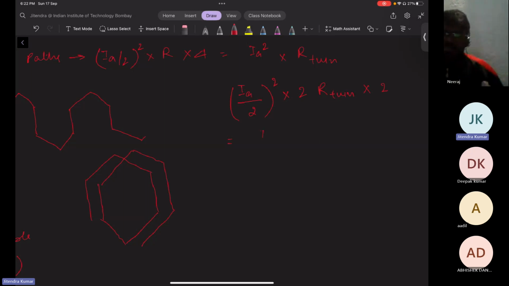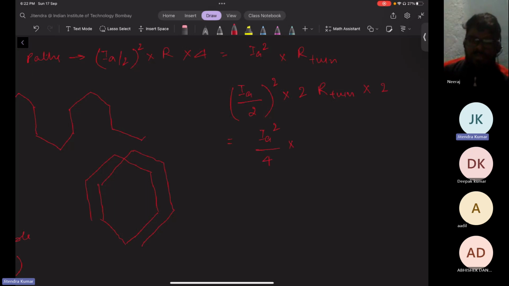Essentially it will be IA square by 4 into R term, so again it will come out to be the same IA square R term. Essentially it doesn't matter how many parallel paths you are connecting, your I square R losses would be the same because the length of each turn will be the same. It will not change.